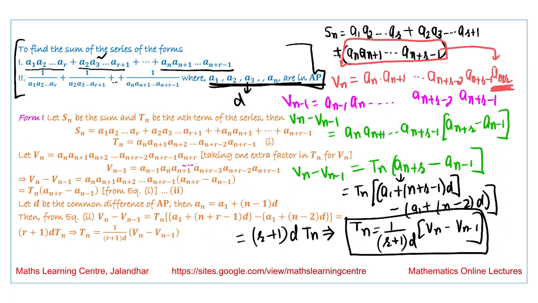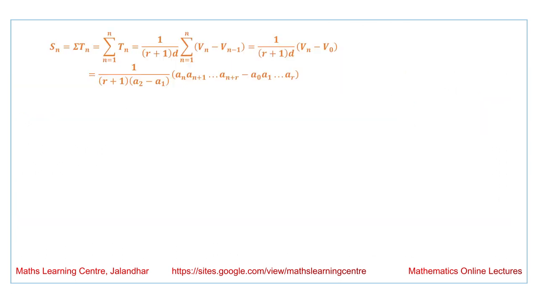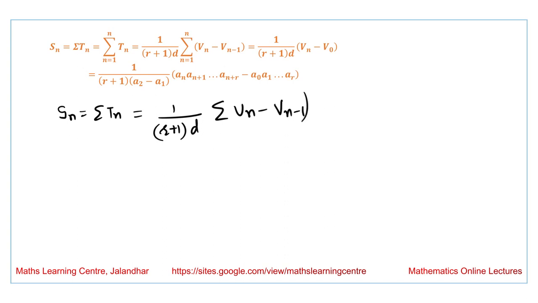This is the value of Tn that we have obtained. Now we have to calculate the value of Sn, that is equal to sigma Tn. So that will be equal to 1 by r plus 1 into d, sigma of Vn minus Vn minus 1, where n is varying from 1 to n.